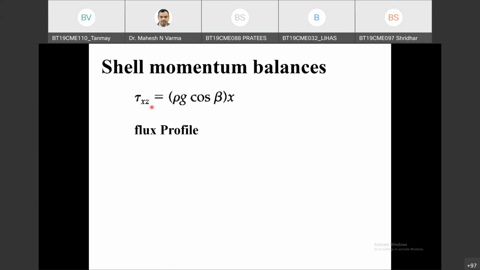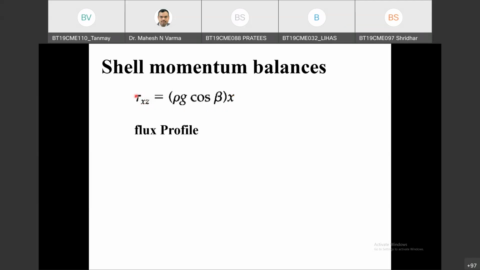Flux profile means a model equation which will define the variation of flux at different locations in a given geometry. Here you can see at different values of x, flux is not varying in the z direction, as we are discussing the x flux: how z momentum is transported in the x direction.